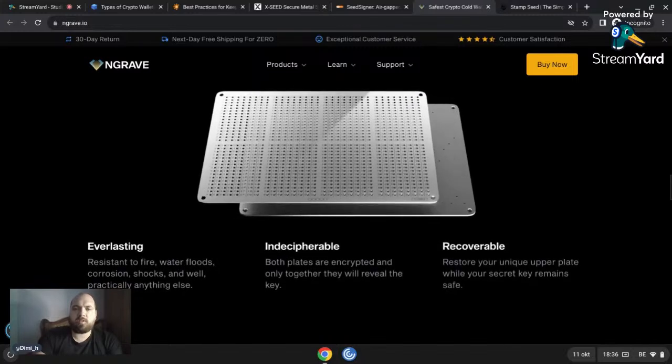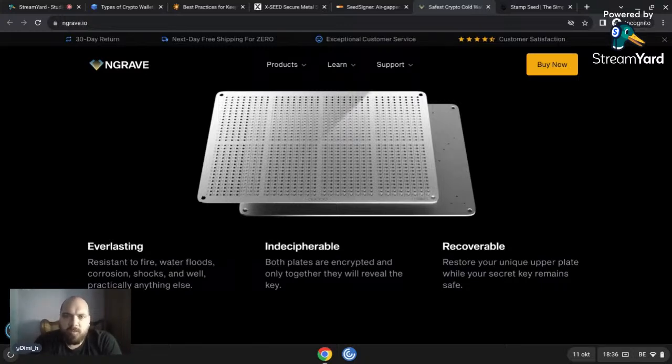And what's the difference here? As you guys can see, there are 2 plaques here, meaning your key is being generated specifically for you, and by actually poking the holes through the graphene underneath an underlying plate, you are double encrypting your seed phrase.